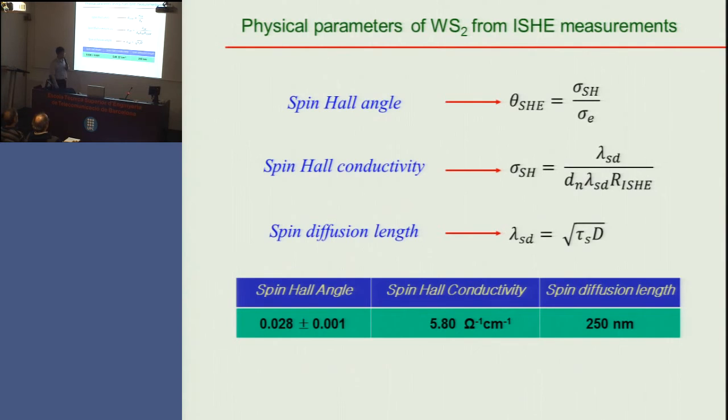Here, WS2 also, because it consists of W, which means tungsten, we expect a high spin-Hall conductivity. So the conclusion is that two-dimensional materials also serve as good candidates for spin-Hall conductivity materials.